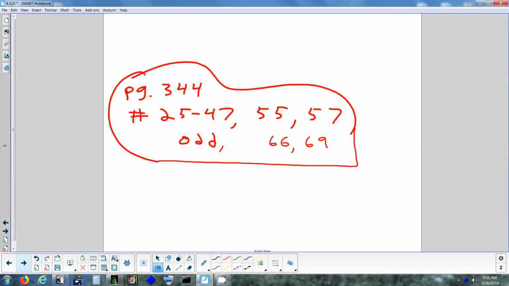And 66 and 69. So it's actually just 25 to 47 odd, 55, 57. Thank you. 55 and 57 are the word problems where they give you an object being thrown at an angle with a certain speed.